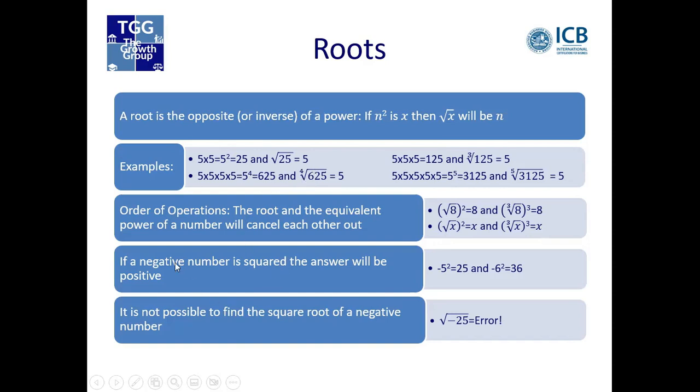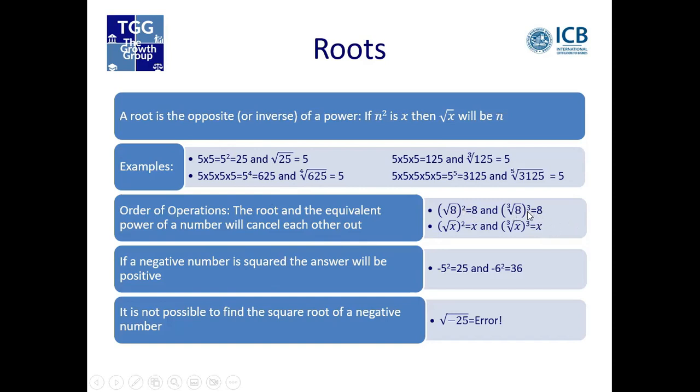Okay. Order of operations: the root and the equivalent power of a number will cancel each other out. So if here in the bracket you have the square root of 8 that is squared, you will simply end up with 8. Because there you have a square root and there you have a square.